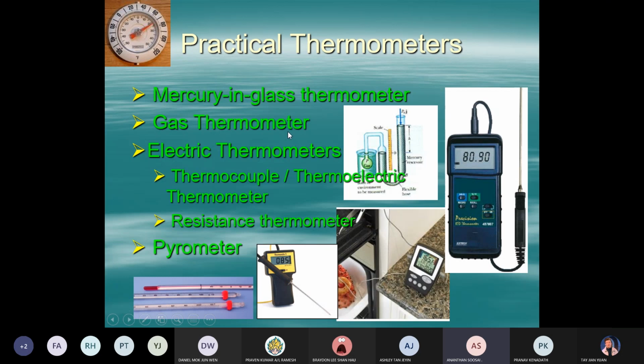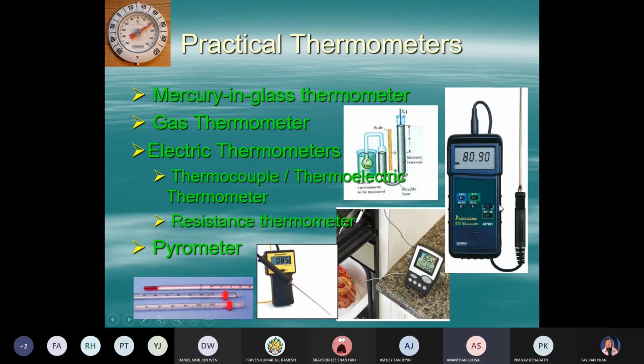Second is the gas thermometer on top here, with a flask filled with gas and a manometer. Third are the electric thermometers, thermocouple and resistance. The other one can also be considered a thermocouple.